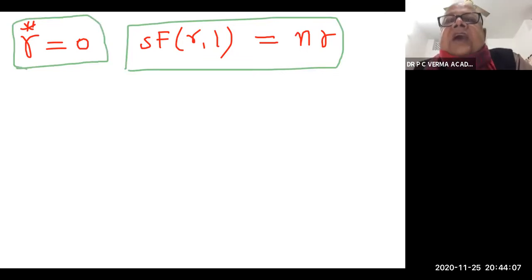If R star is 0, then S F(R) will be equal to N R.